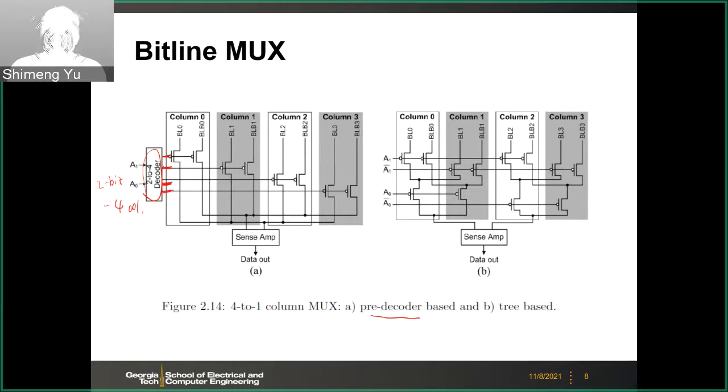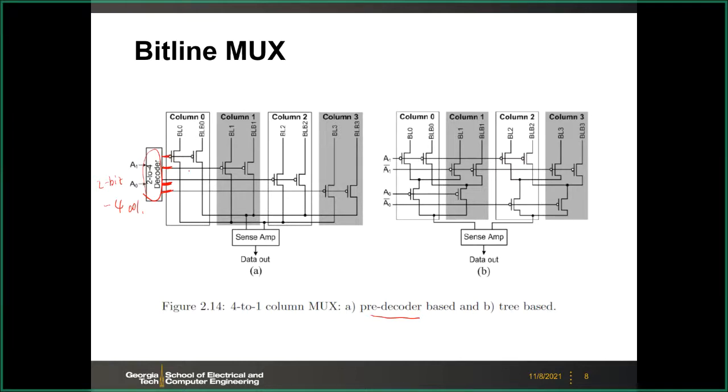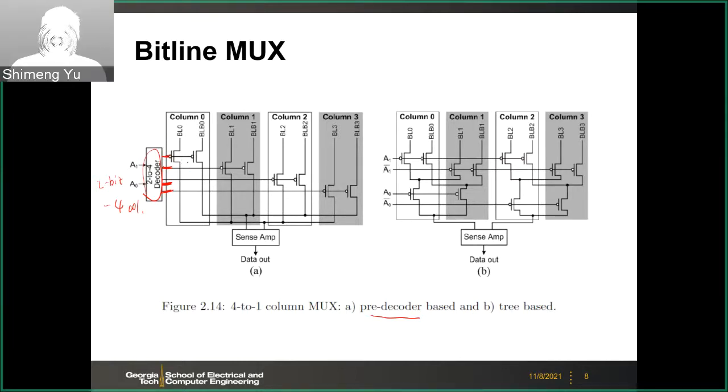Those 4 outputs will control some pass gate transistors, or sometimes transmission gates. You know, a transmission gate is a pair of pass gates, one NMOS, one PMOS. Right, this is a transmission gate.